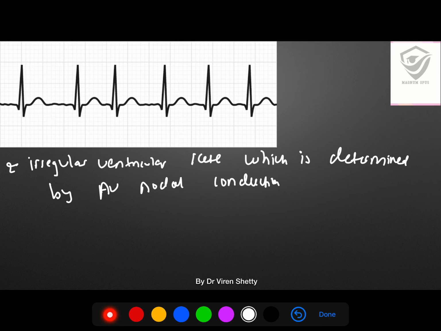Because in atrial fibrillation the SA node is not functioning properly, the AV nodal conduction is determining this irregular ventricular rate, and the above ECG findings are important.